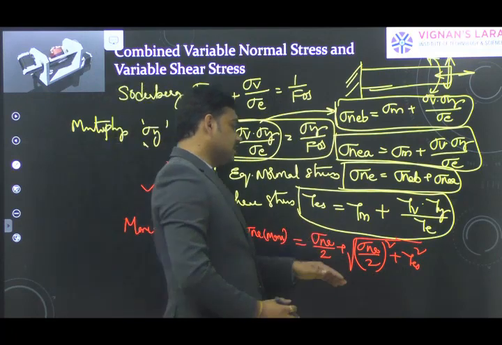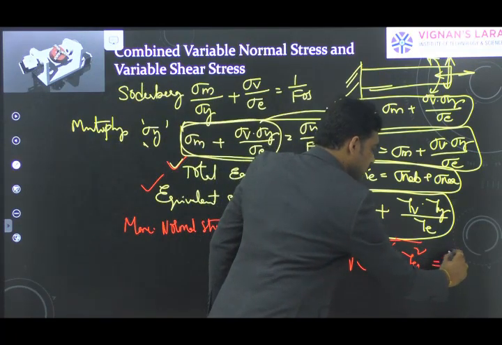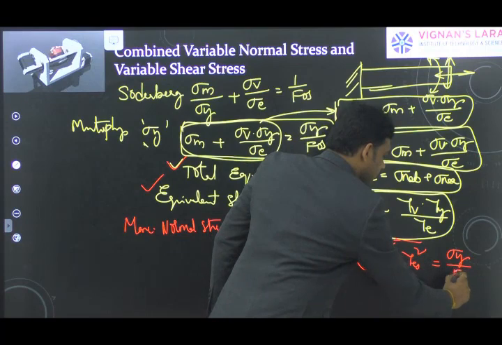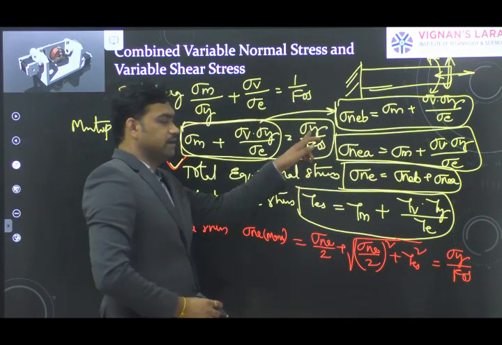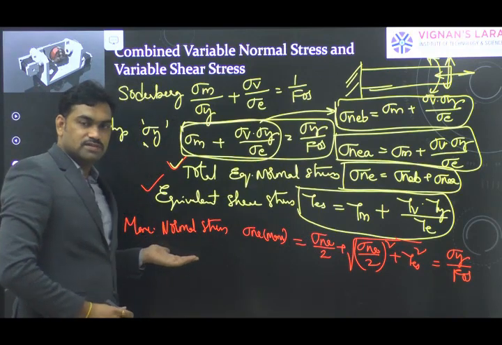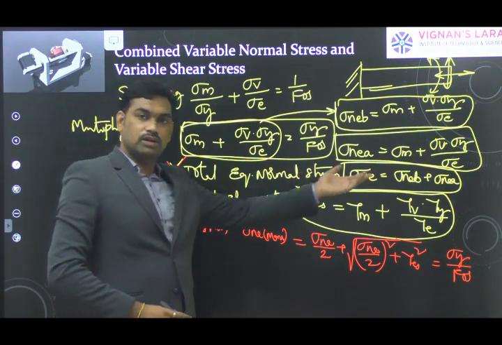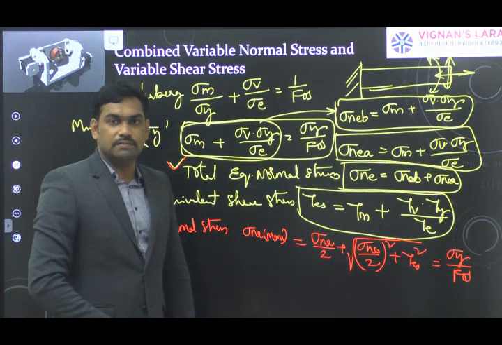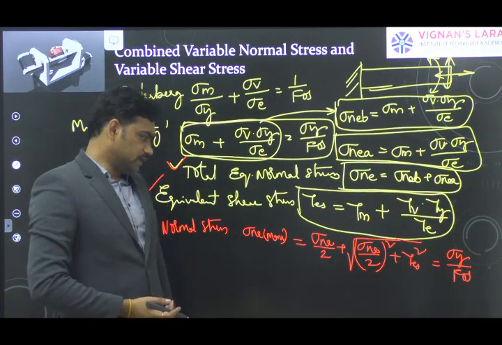This can be equated to sigma y by factor of safety, according to the maximum principal stress theory. That is the limiting value of yield strength in simple tension.